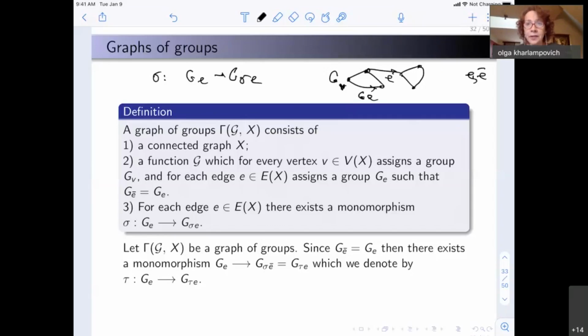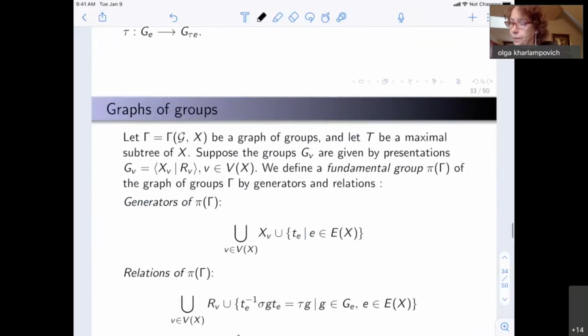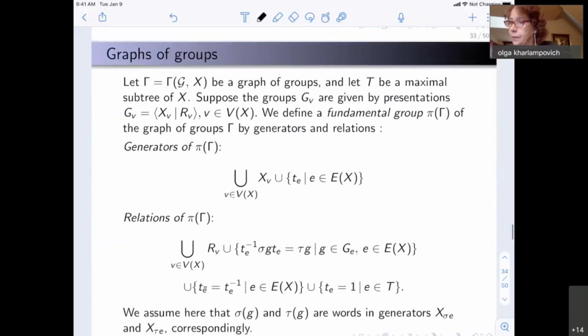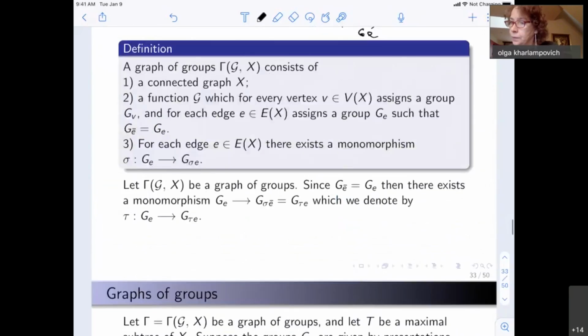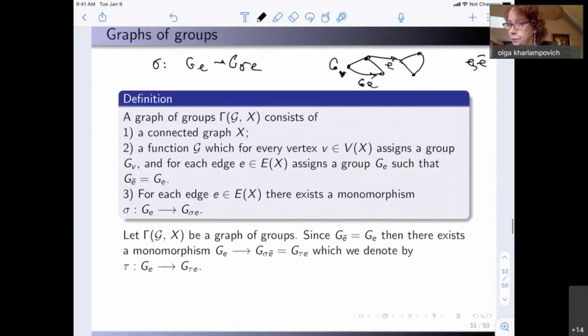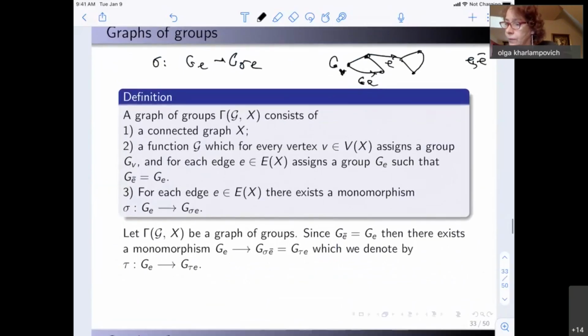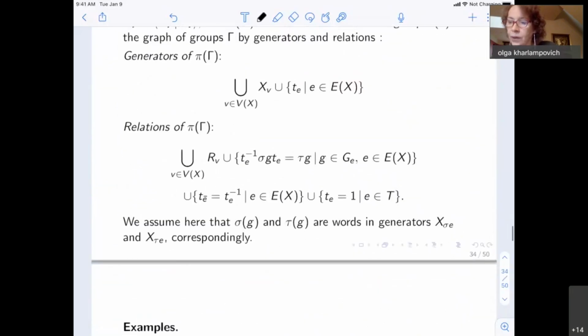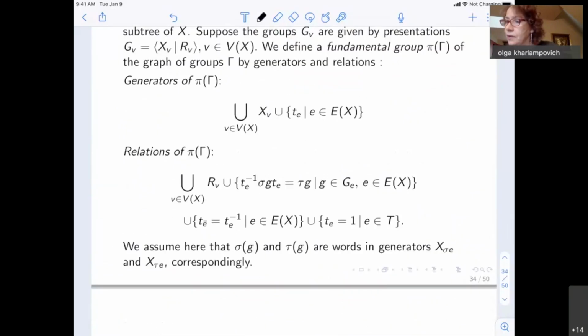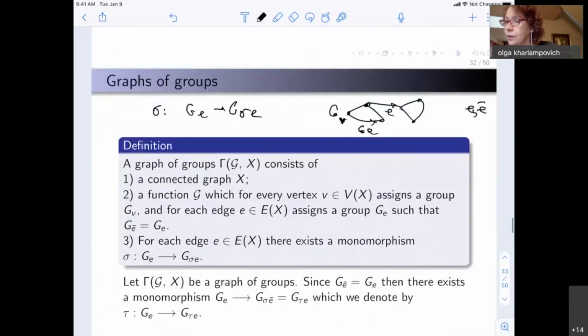And then the fundamental group of the graph of groups. I can certainly define relations and generators, but I think it would be easier to do the following.